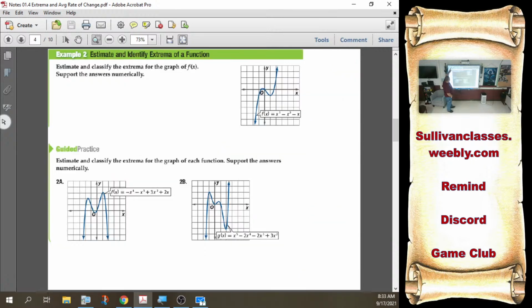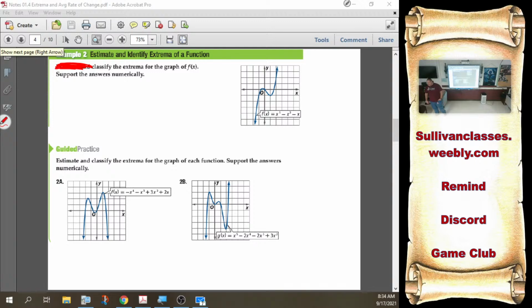Okay. So then we did not get here, right? Okay, cool. Everyone got their calculator on hand. Estimate and classify. How about that?